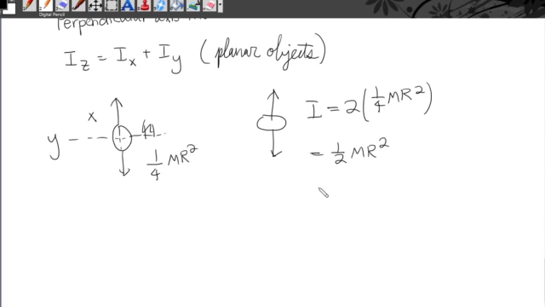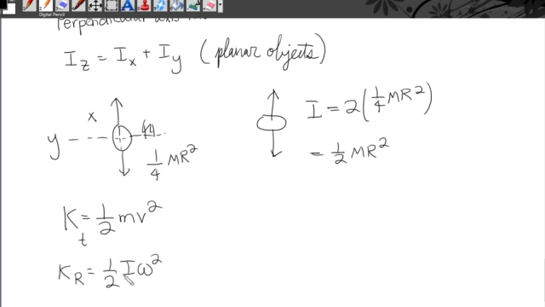Okay, and then there's also rotational kinetic energy, the same way that there's translational kinetic energy. And if you recall, for translational kinetic energy, the formula is 1/2 mv squared, and for rotational kinetic energy, it's 1/2 I omega squared.